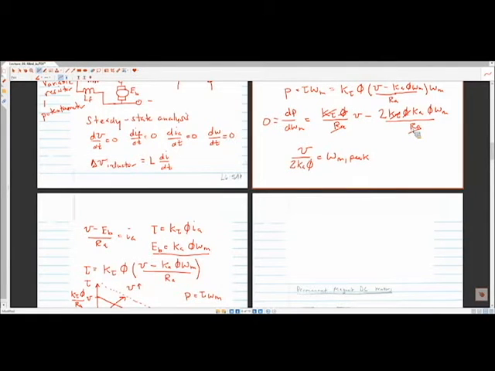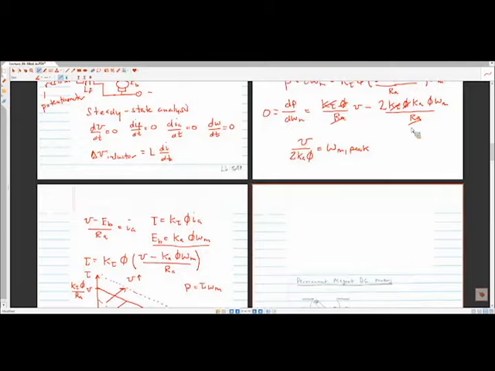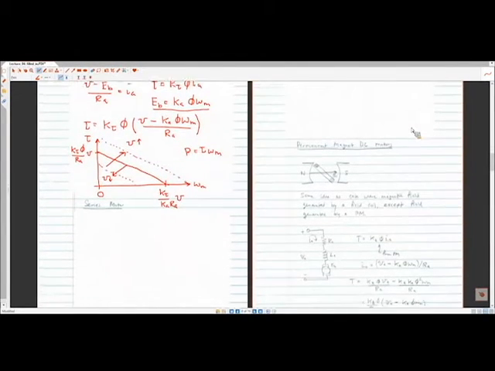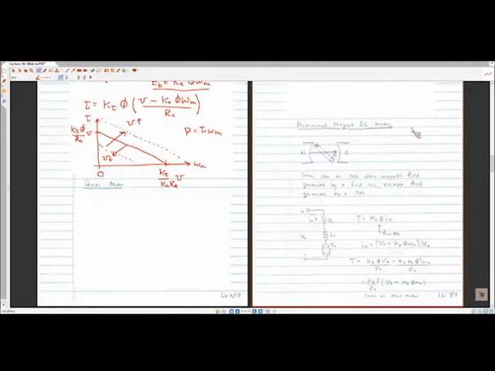Okay, so that's steady-state analysis for a shunt motor or parallel motor. We can do the same thing for series motors. Series motors, as the name suggests, are the same idea.